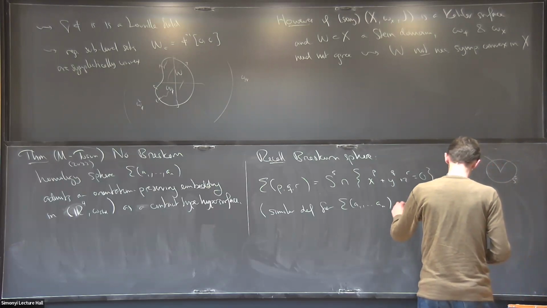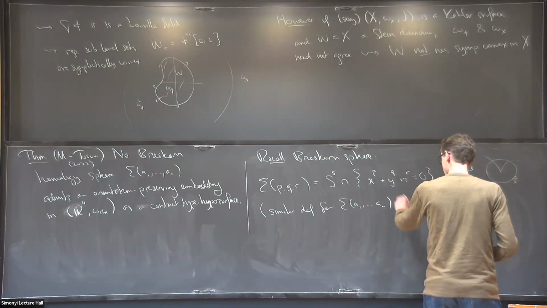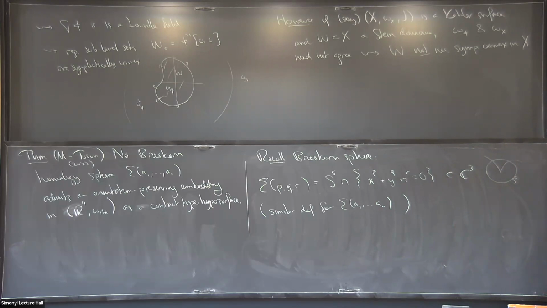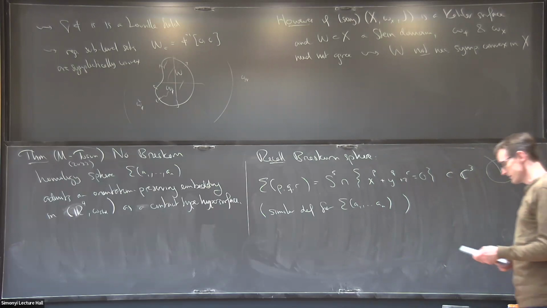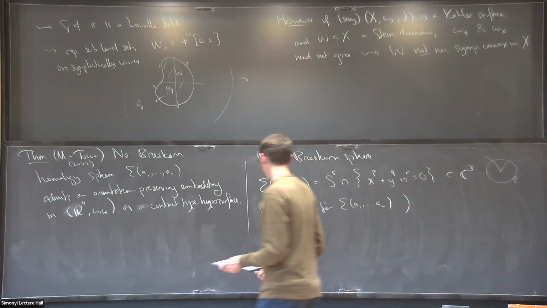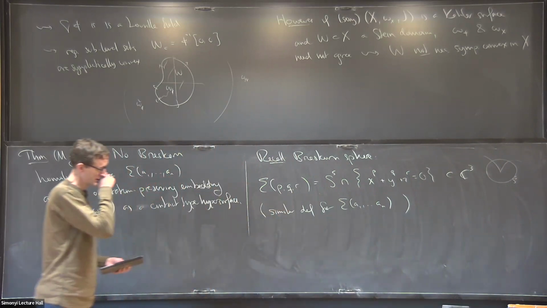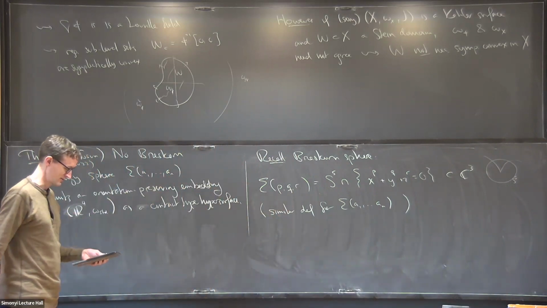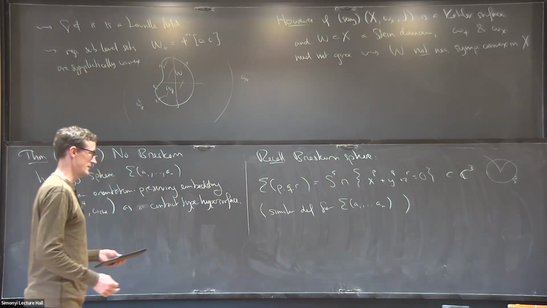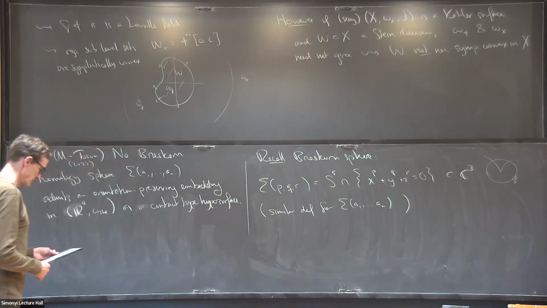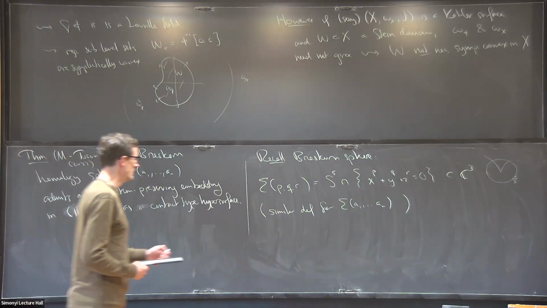I didn't write everything down, but the point is that it's still a three-manifold. Again, we're considering it just as a smooth manifold. It does come with a natural contact structure, almost from this definition, but I'm not taking that to be fixed ahead of time.